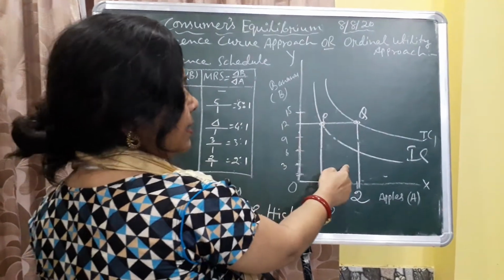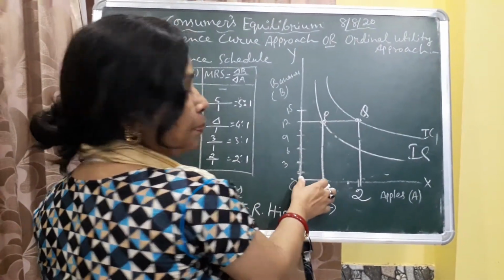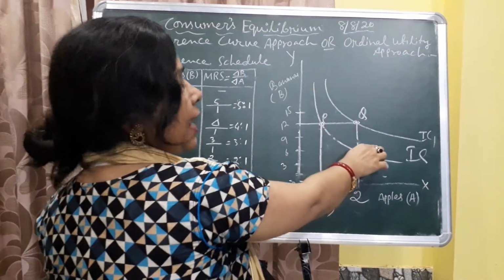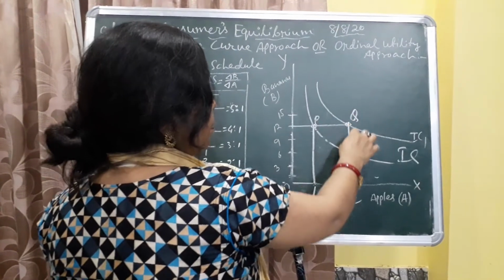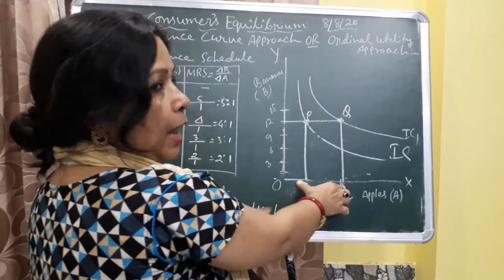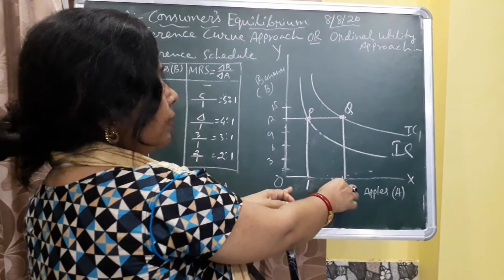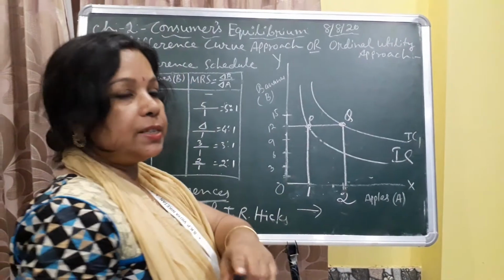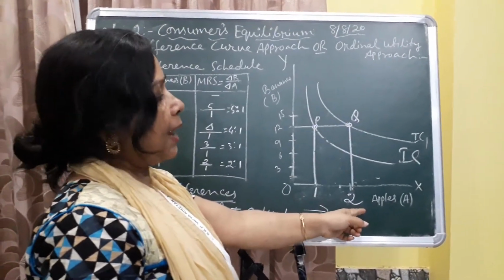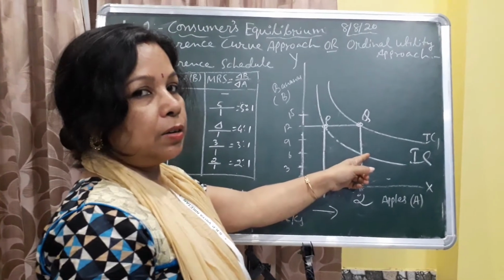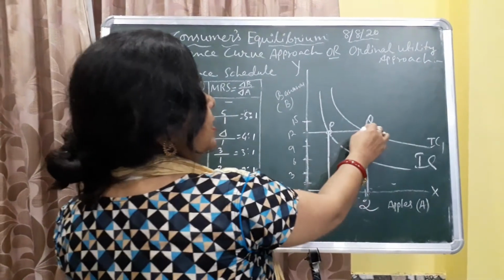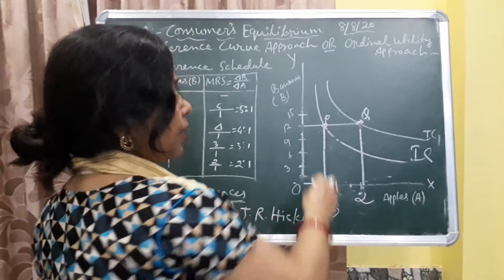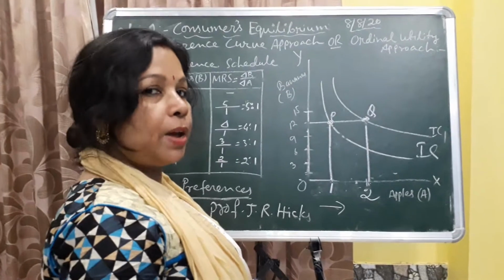Point P on IC represents this amount of A and this amount of B. Now on IC1, the point Q represents more, so the gap is larger, so apple increases and bananas constant. So this point represents the higher satisfaction. That's why the consumer wants to purchase these bundles, because point Q gives the higher level of satisfaction and point P gives the lower level of satisfaction.